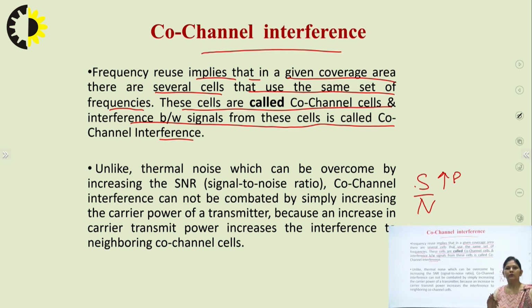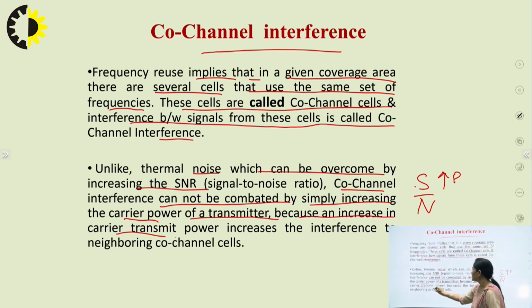So, we can't remove the interference by increasing the signal power. Unlike thermal noise, which can be overcome by increasing the SNR, co-channel interference can't be combated by simply increasing the carrier power of a transmitter, because an increase in the carrier transmit power increases the interference to the neighboring co-channel cells. So, this is not the solution to decrease the noise.